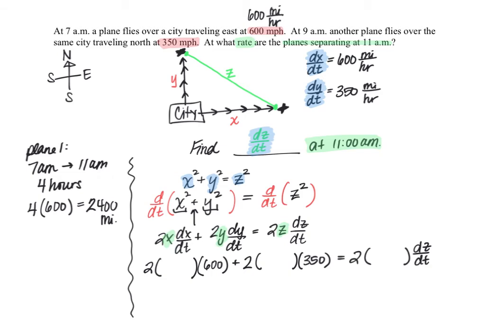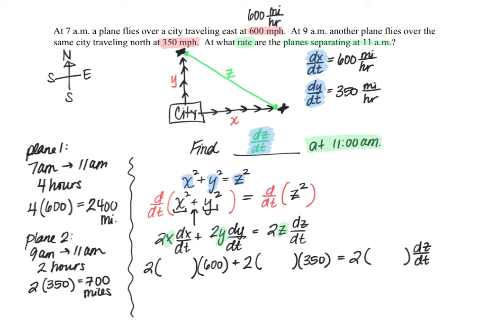So now let's do the same thing for plane two. So the second plane, the plane that was going north, it left a little bit later. It left at 9 o'clock in the morning, and it travels from 9 o'clock to 11 o'clock, which is a total time of 2 hours. So if it travels for 2 hours and plane two was traveling at a rate of 350 miles an hour, then we know that it has traveled a total distance of 700 miles by 11 o'clock in the morning.